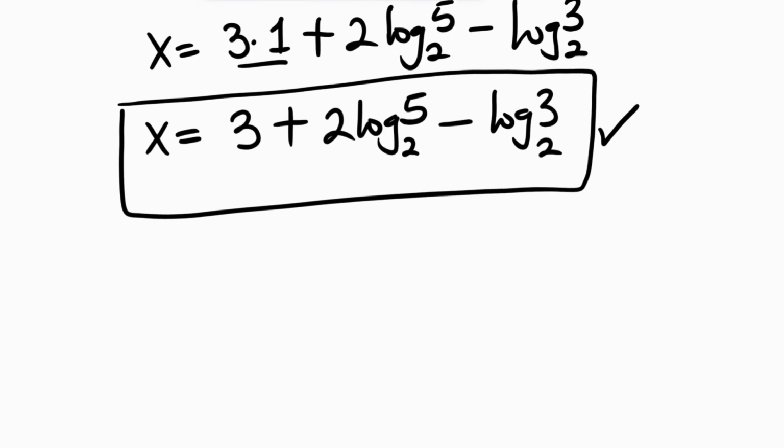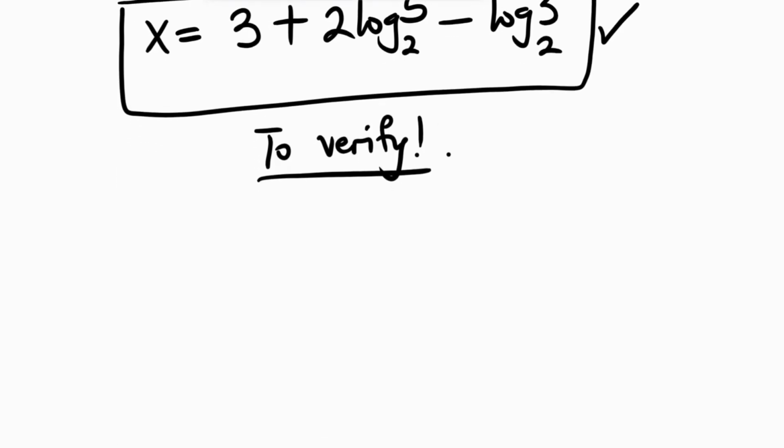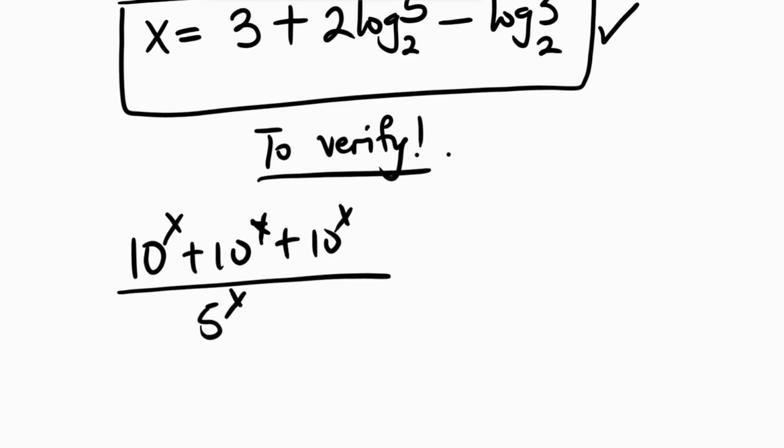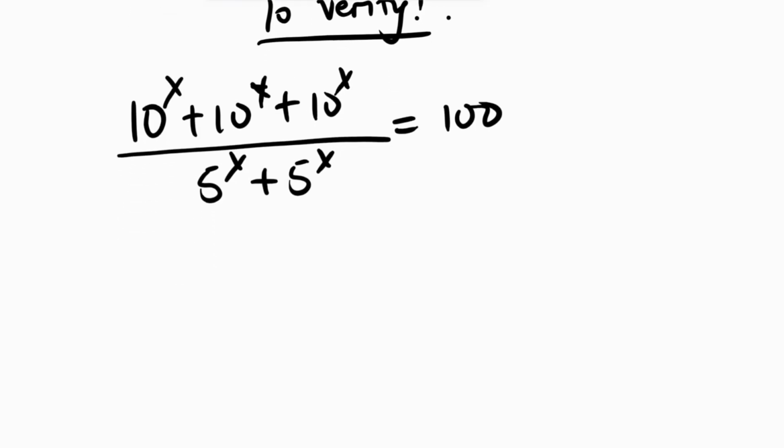Now let us go ahead and verify just to confirm that our answer is correct. Now we know that our question is 10 raised to the power x plus 10 raised to the power x plus 10 raised to the power x divided by 5 raised to the power x plus 5 raised to the power x equals 100. If we collect the like terms, it becomes this.